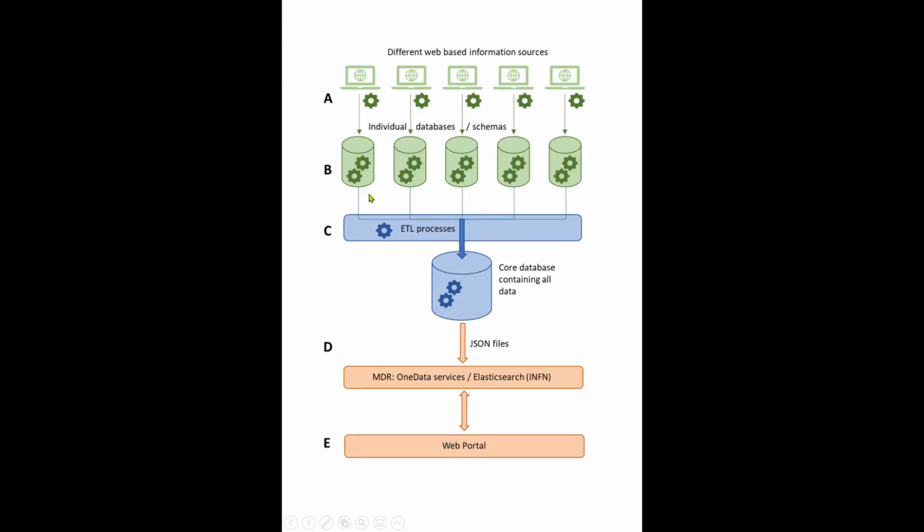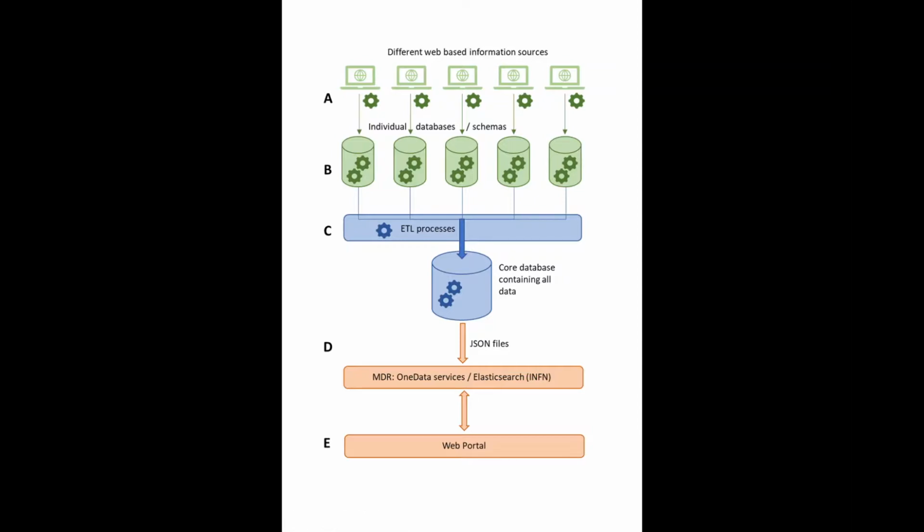It's then transformed by ETL, extract, transform, load processes that bring the data together. They aggregate it into a central database, but at the same time, they link it so the data objects are linked to the studies that generated them.